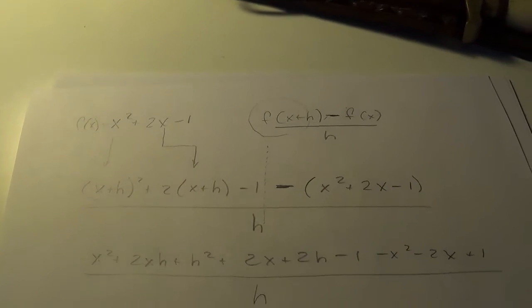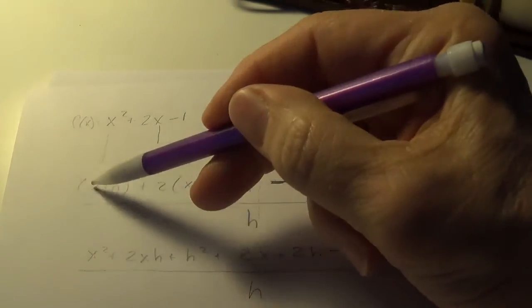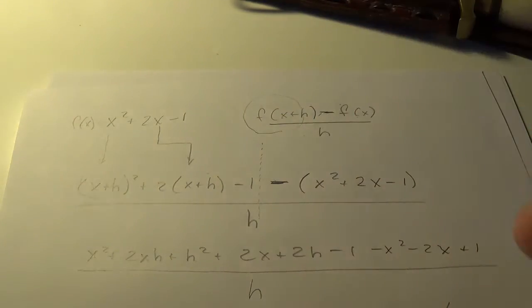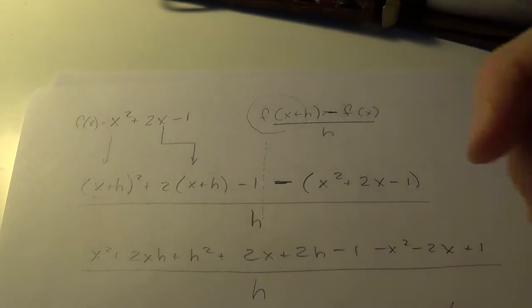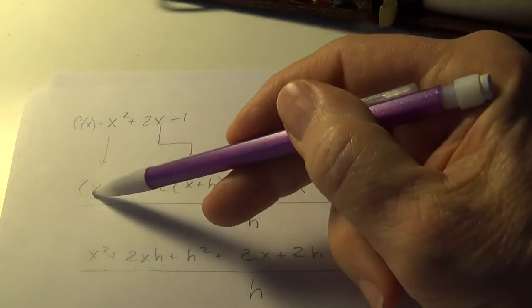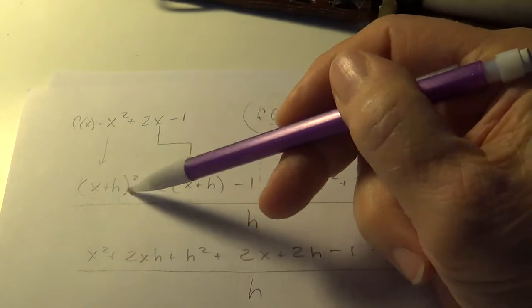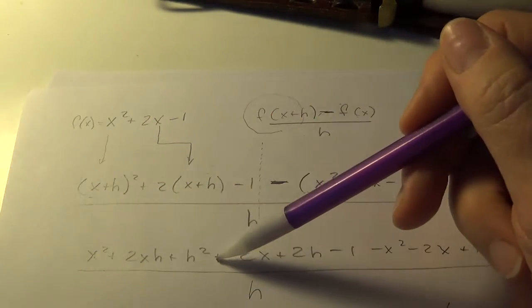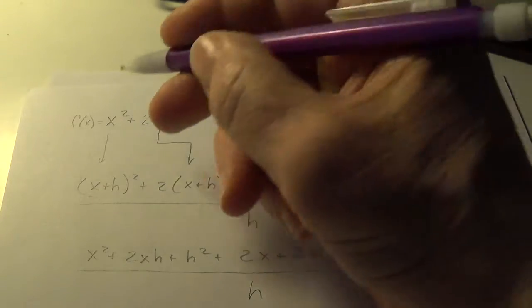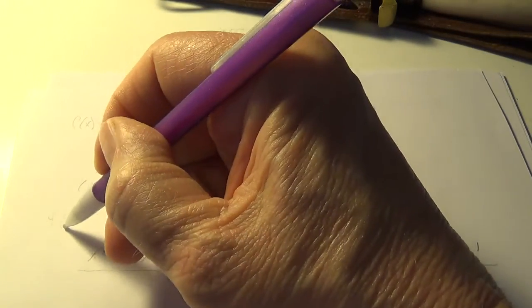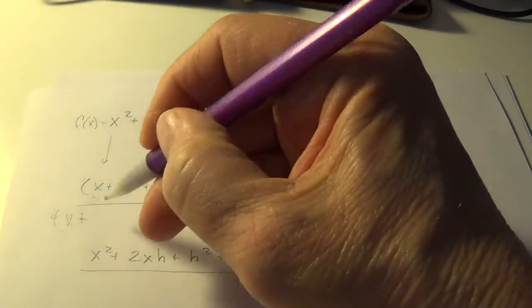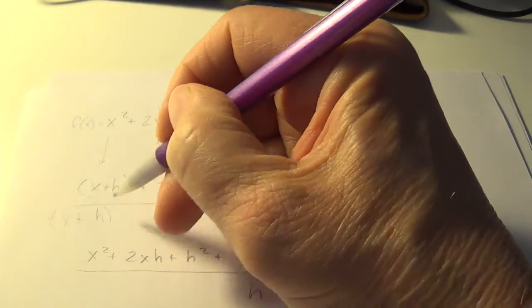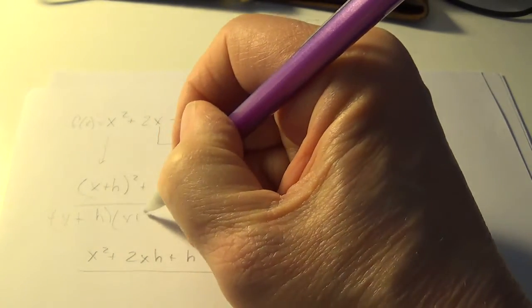Alright, so here I expand it. What is x plus h squared? You should have come to me knowing that when you square a binomial, you square the first, multiply these together and double it. So that's the quick version. If you don't believe me, you can always do it out. I go x plus h times x plus h.